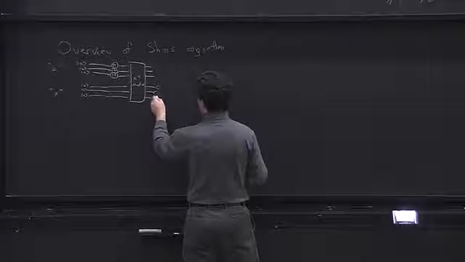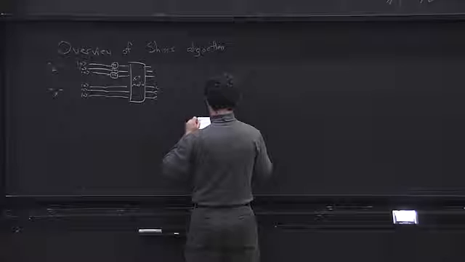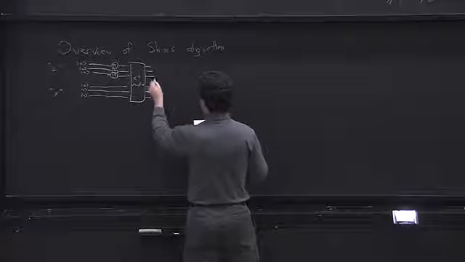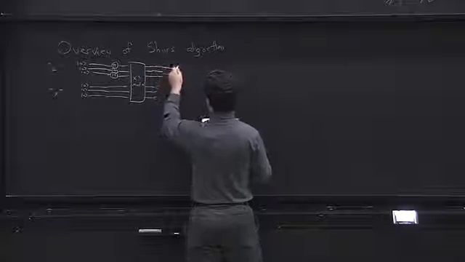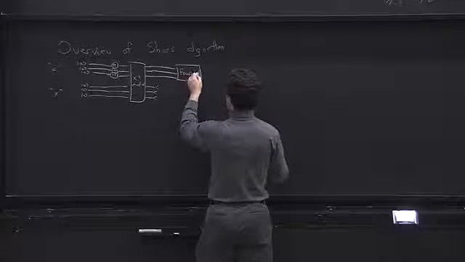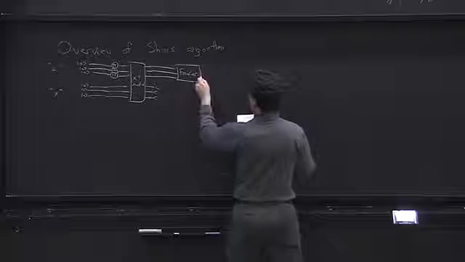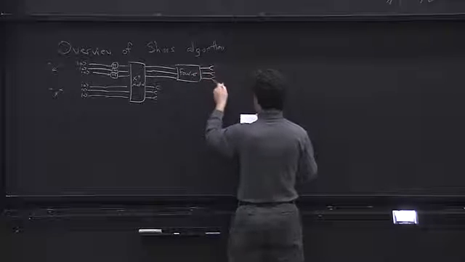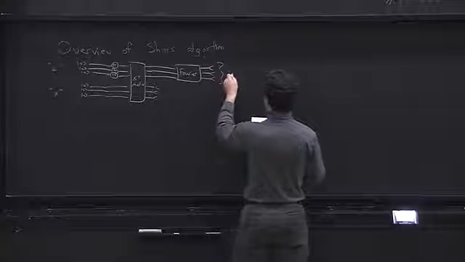Then we can measure these things, although actually that's not really necessary. Then we do the Fourier transform here, and then we measure these qubits. And then there's some classical post-processing.